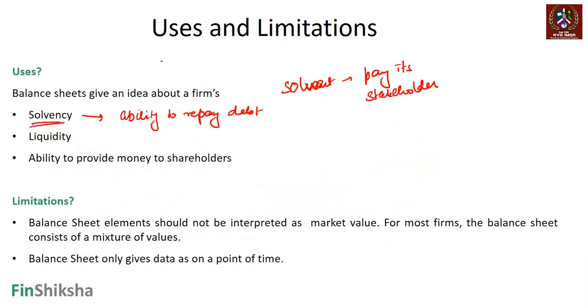Solvency matters because it tells us how much of the liabilities we can look at, and liabilities are constructed from equity and debt. So it tells us how much is the debt component of the overall liabilities. Are the assets enough for the firm to be able to repay all the liabilities?